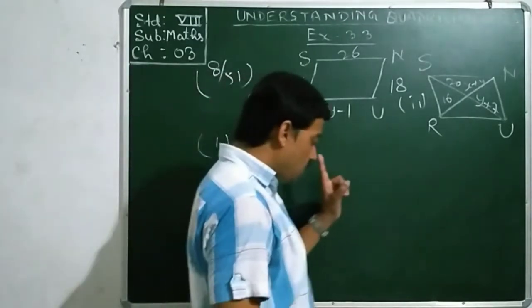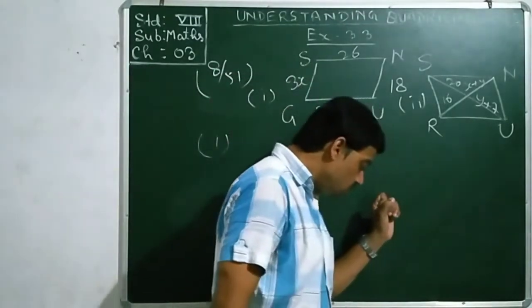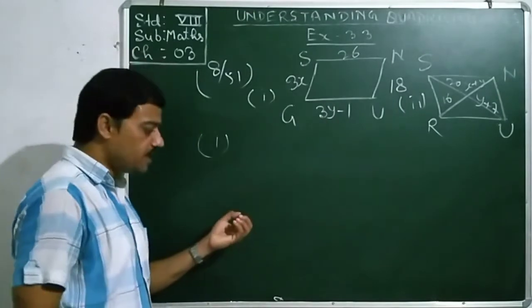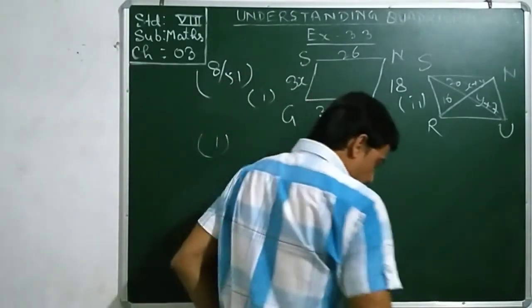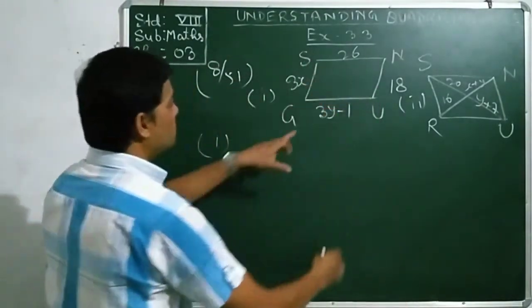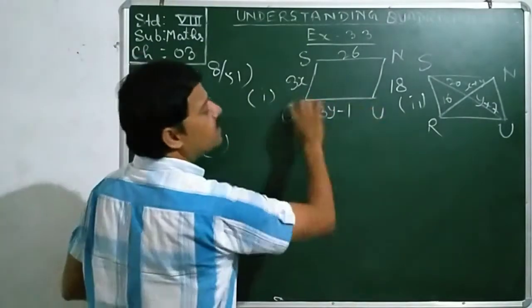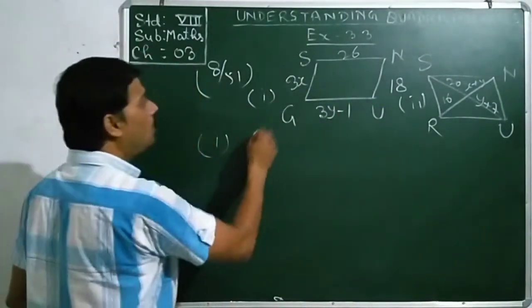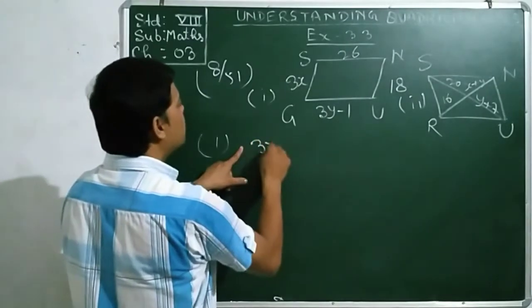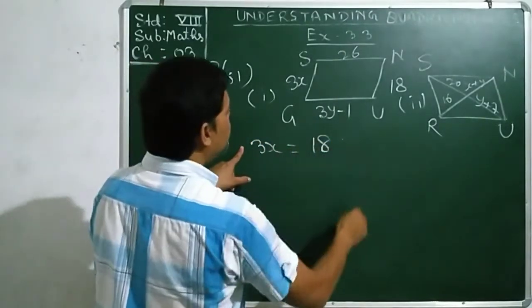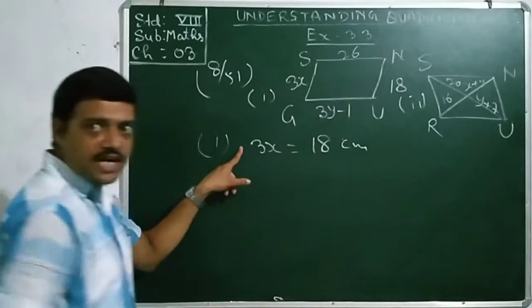You need to find out the values of only x and y, so it's very simple. Because we know opposite sides of parallelogram are equal, so 3x equal to 18 centimeter. Opposite sides are equal.